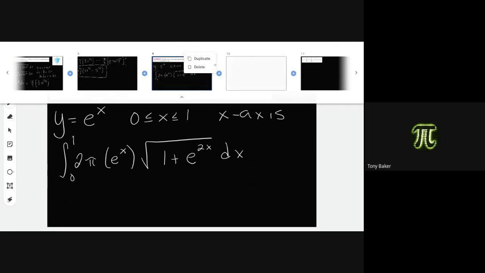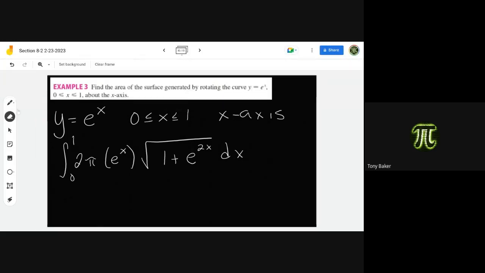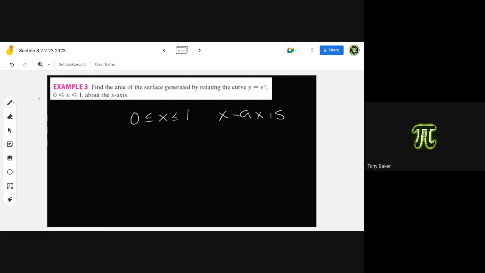So we're going to do the same problem, except this time we're going to use the other way. So instead of y equals e to the x, what would x equal? Ln of y. And then x prime would be 1 over y.